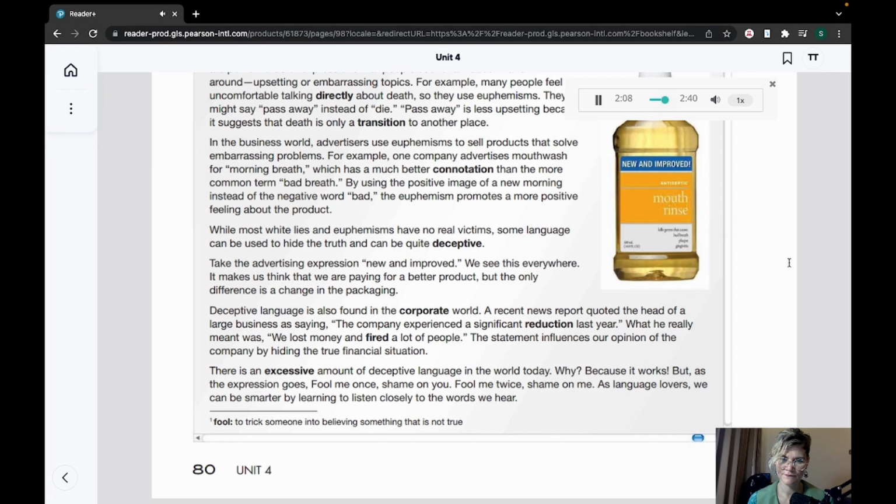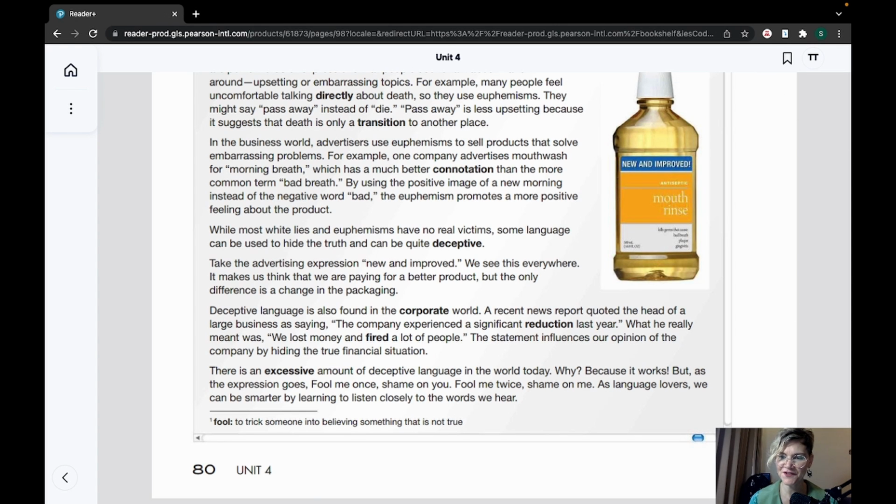What he really meant was, "We lost money and fired a lot of people." The statement influences our opinion of the company by hiding the true financial situation. There's an excessive amount of deceptive language in the world today. Why? Because it works. But as the expression goes, fool me once, shame on you. Fool me twice, shame on me. As language lovers, we can be smarter by learning to listen closely to the words we hear.